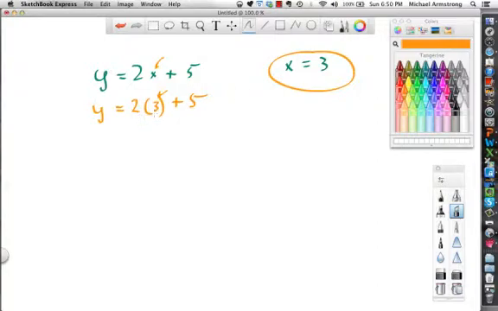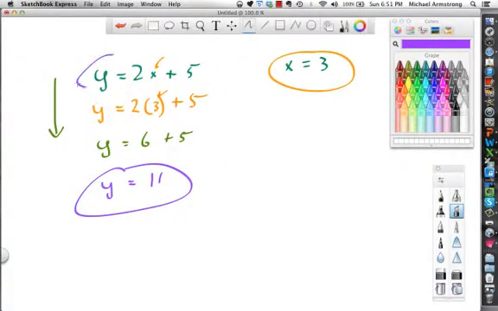And then we can go ahead and multiply. Y is 6 plus 5. And I'm just showing my work, working down the page, simplifying as I go. And the next one is y equals 11, because 6 plus 5 is 11. So this is the simplified version of this equation.